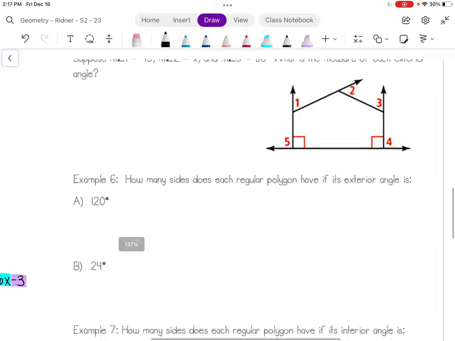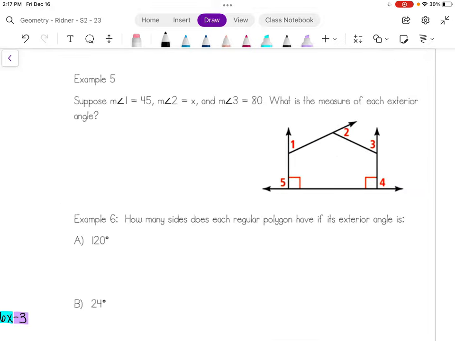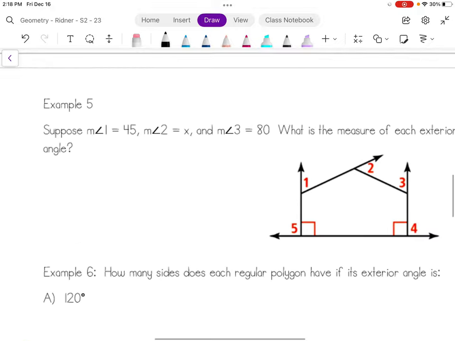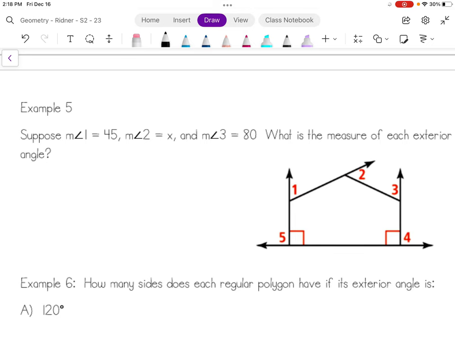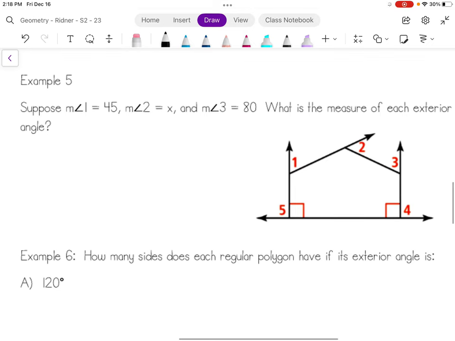All right, these next three examples, let's look at this one. We just really want to find x here because we know all the other values of the exterior angles. We know that this is 45. We know that this is x. This is 80. This is 90. And this is 90.